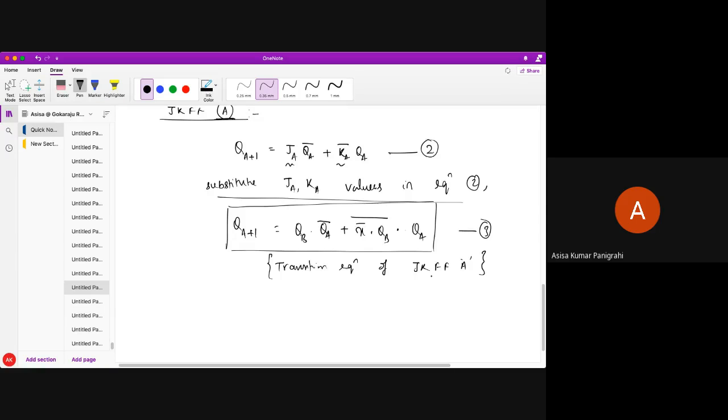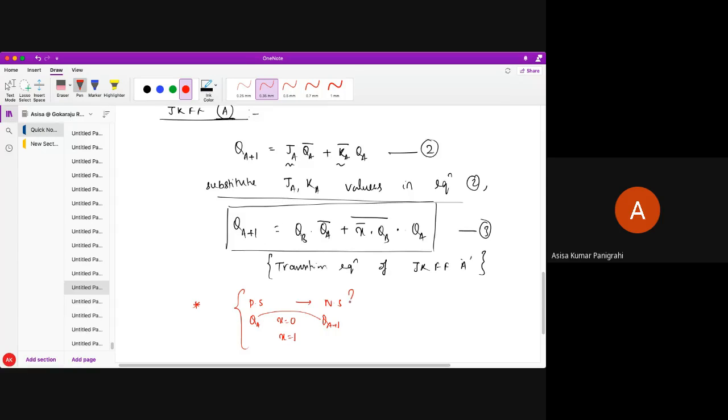Now tell me, how will the transition happen? Here I am just explaining how the transition will happen, students. Transition will happen from the present state to the next state. The present state is my QA, and the next state is my QA plus 1. If input x equals 0, there will be some transitions from present state to next state, and if input x equals 1, there will also be transitions.